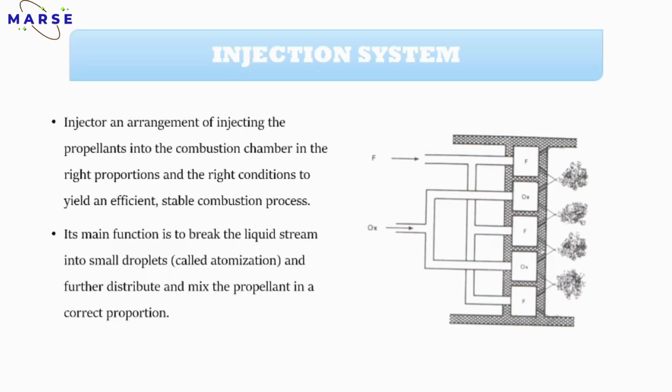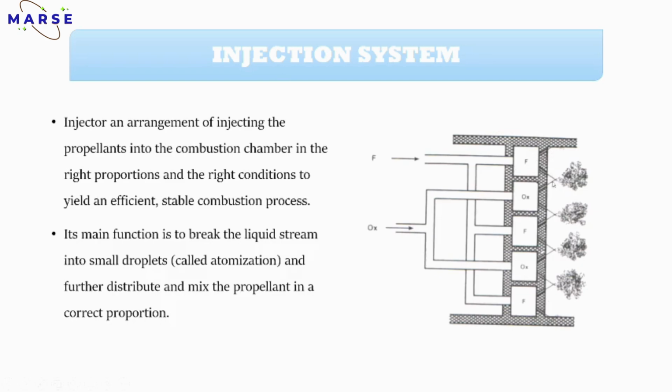First, just see the arrangement in the figure. The fuel part is connected here: fuel is coming from this side and oxidizer from this side. This small first chamber passage is filled with fuel, then oxidizer, fuel, oxidizer, fuel. And this is the impinging angle.